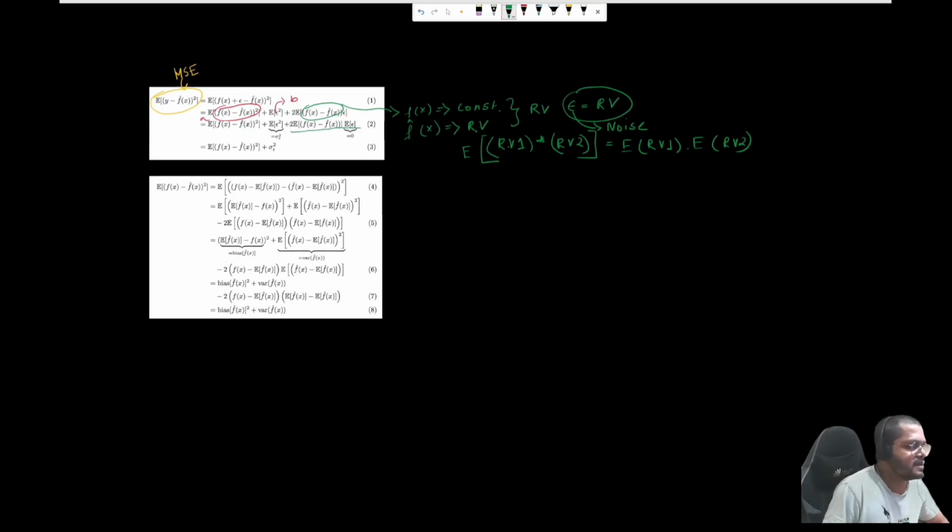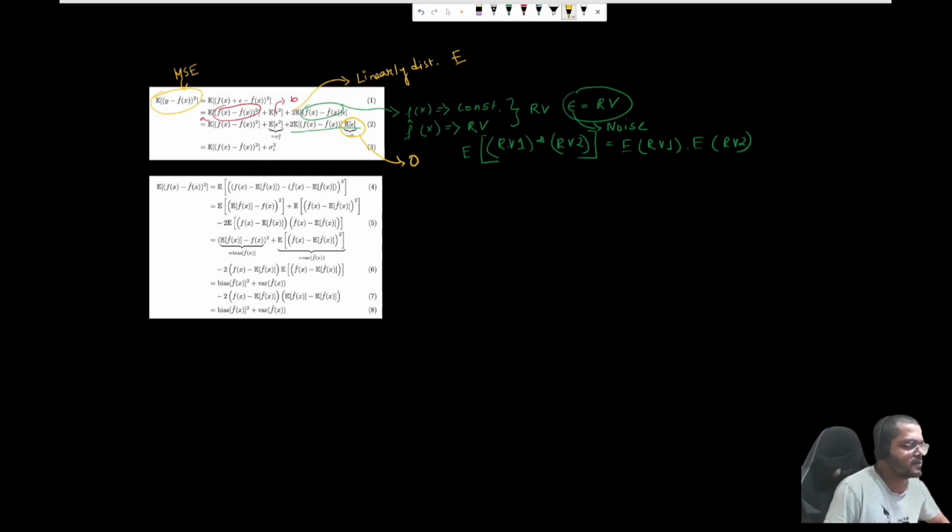And in the second term also, the expectation is distributed linearly. So this whole term is distributed for the expectation, right? This is how I have distributed the E term. That's the property of the expectation. Coming to this random variable, the expectation of epsilon, this term is 0.